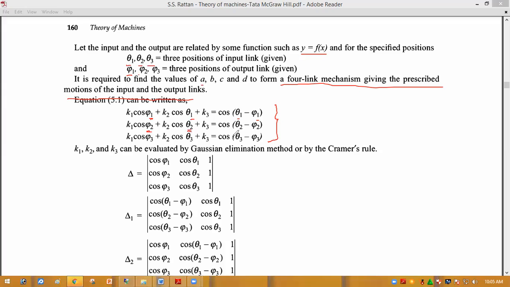We will solve these equations using the Gaussian elimination method or Cramer's rule, and we will get the values of k1, k2 and k3. So let us see how to solve these three simultaneous equations.